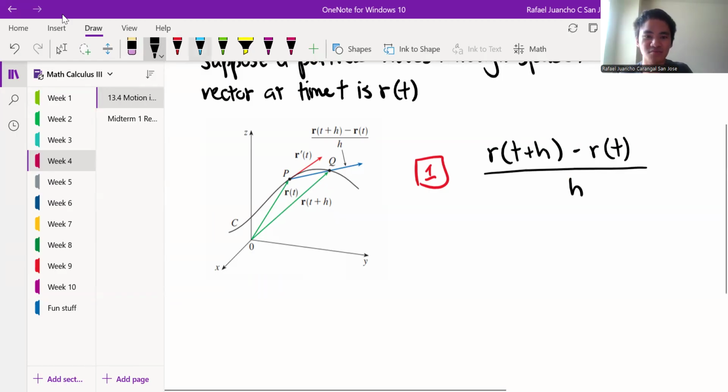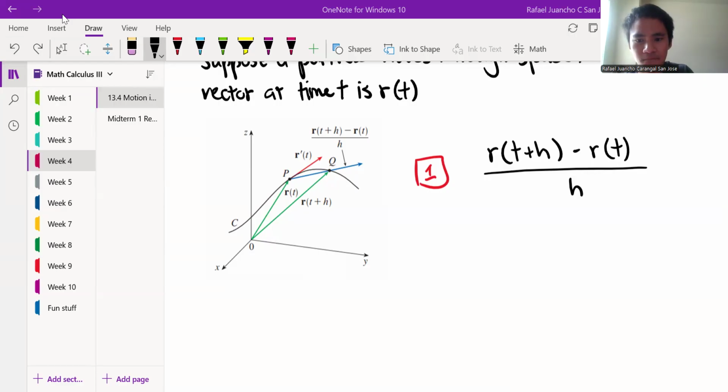So that's that blue vector here, right? And this will approximate the direction of the particle moving along the curve r of t. If we get the magnitude, it actually measures the size of the displacement vector per unit time.